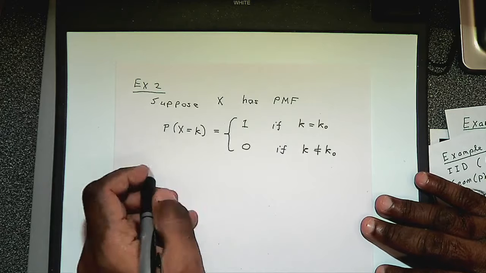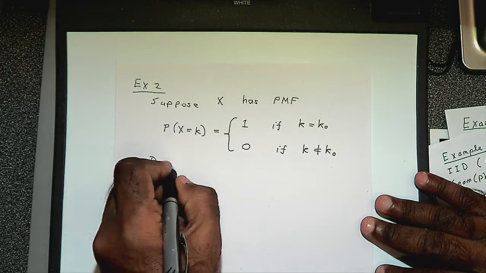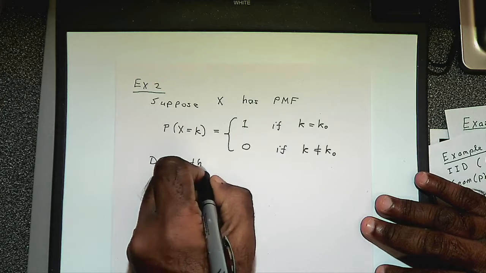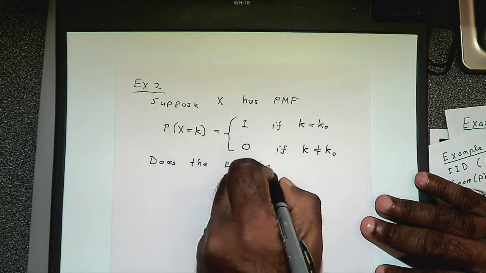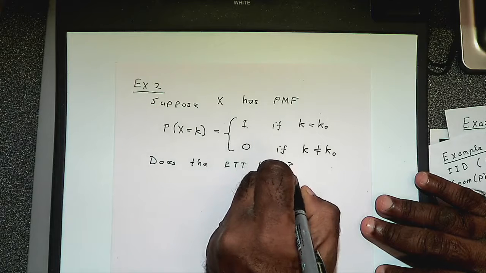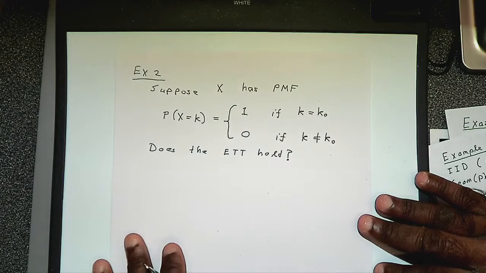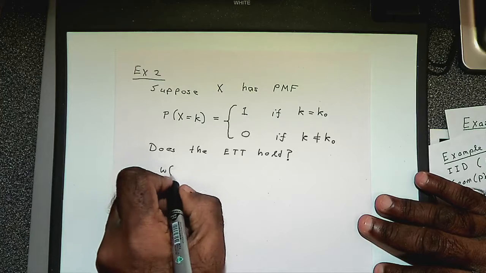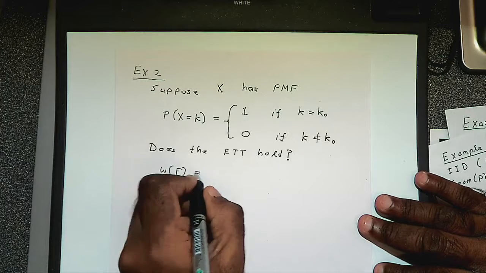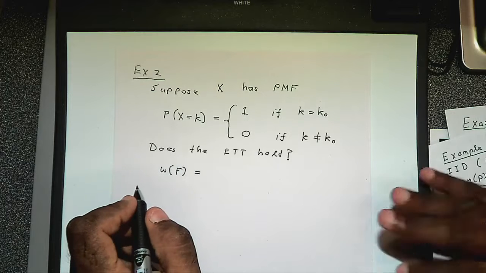The question is the same: does the ETT hold? The first thing you need to figure out is the W of F. Now what do you think the W of F will be?